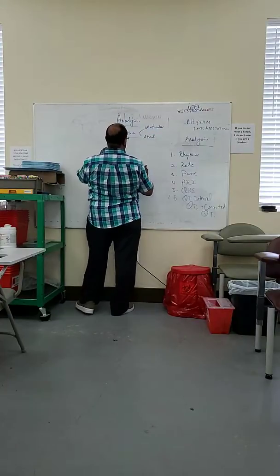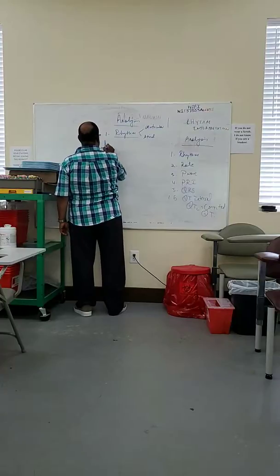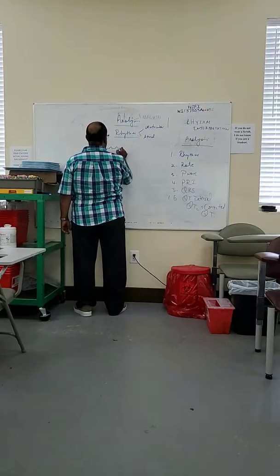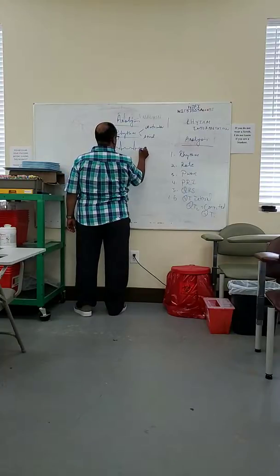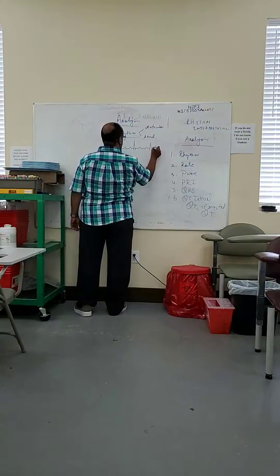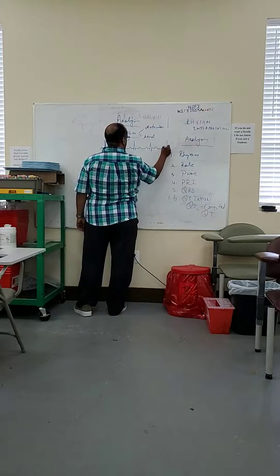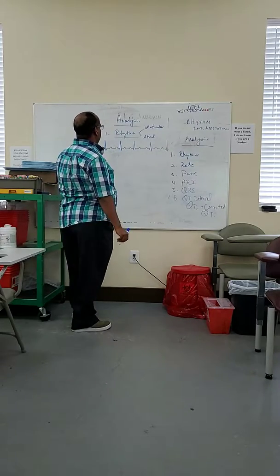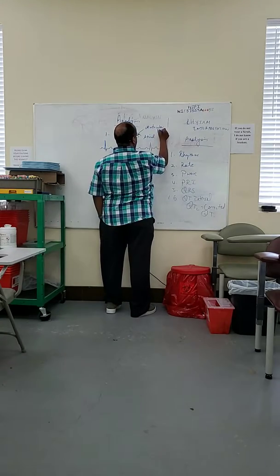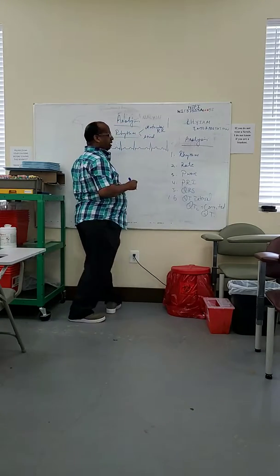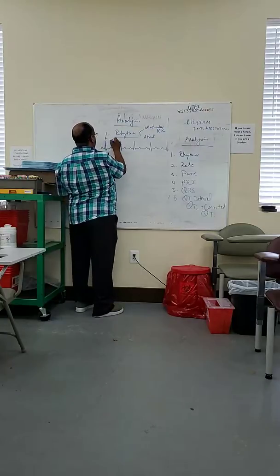Okay, so if we look again at our EKG, the ventricular rhythm we can analyze by checking the RR interval. It means we have these R waves here.